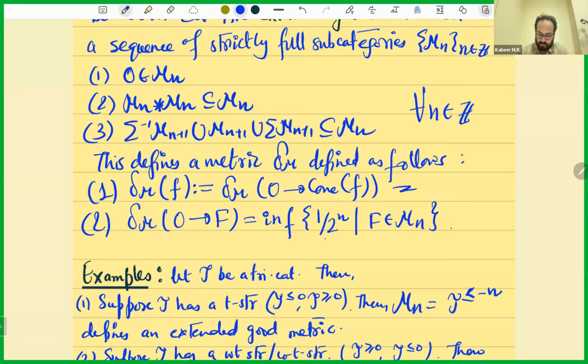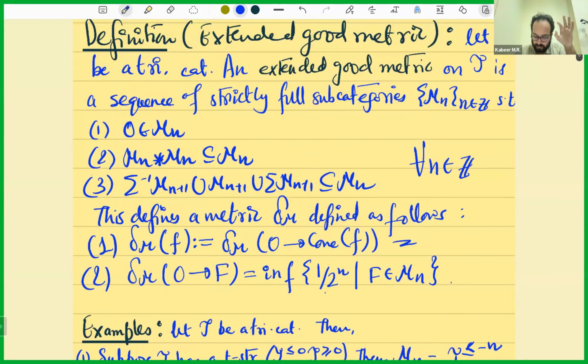And the second condition is that the length of a map from 0 to an object F is the inf of the balls of radius 2 to the power minus n in which it is contained, which makes the analogy precise.